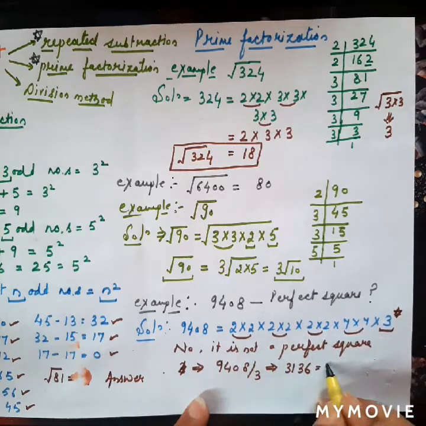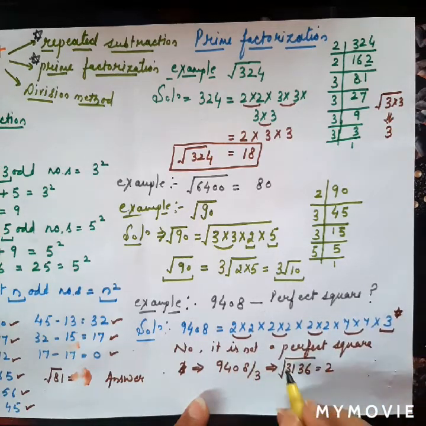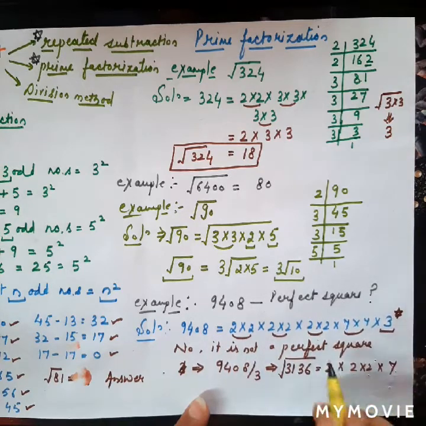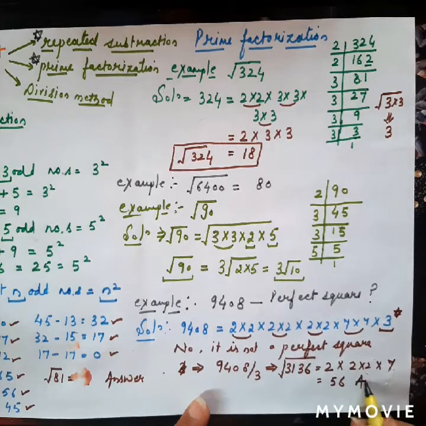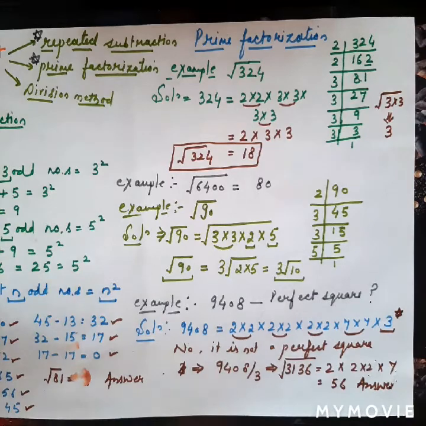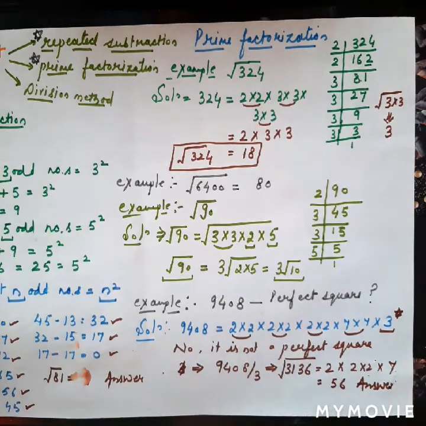So in order to find the square root of this number, I will write 2 multiplied by 2 multiplied by 2, 7. So this will be the square root of this number. 2 to the 4, to the 8, 8 7s are 56. So this will be the answer. The square root of this number will be 56, and this is the number which is a perfect square.